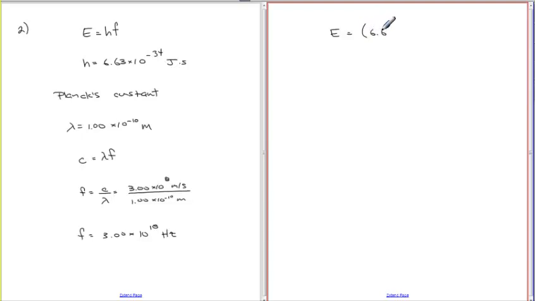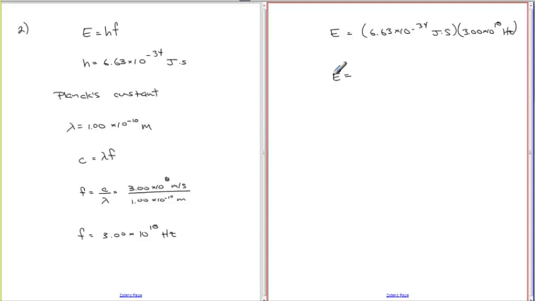We get 6.63 times 10 to the minus 34 joule seconds multiplied by the frequency, which is 3.00 times 10 to the 18th hertz, or cycles per second, so the seconds will cancel out. 6.63 e to the minus 34th times 3 e to the 18th.